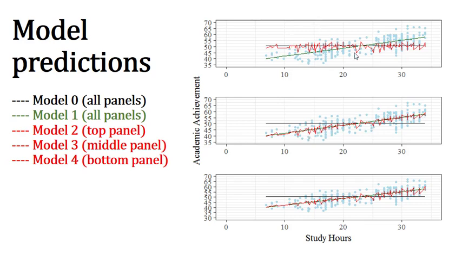So the reason that the models appear complex is because I chose to present the graphs with only study hours and academic achievement. Now we can see that the green line captures the trend of the data, so it's a decent model.